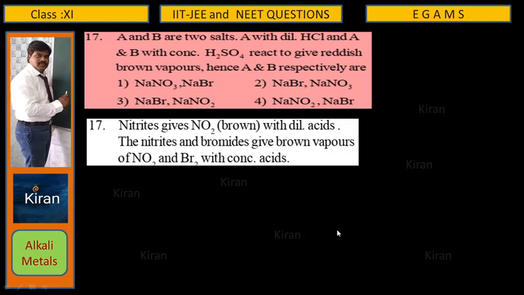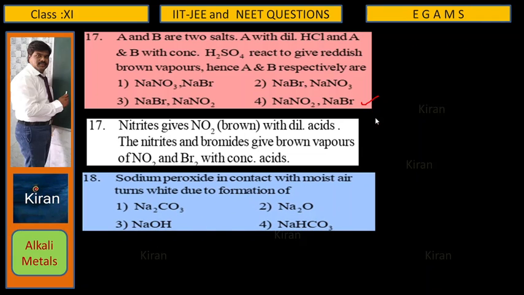Nitrogen dioxide is brown in color. With dilute acids, the nitrites and bromides give brown vapors of NO2 and Br2 with concentrated acid. So the correct option for the 17th question is the fourth option. What is the product we are getting? Sodium nitrite and sodium bromide.